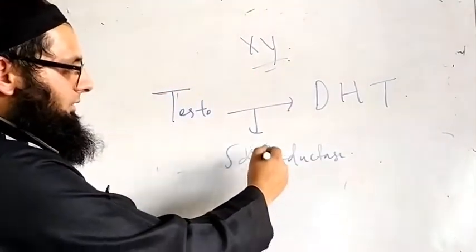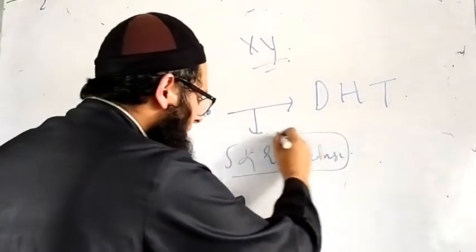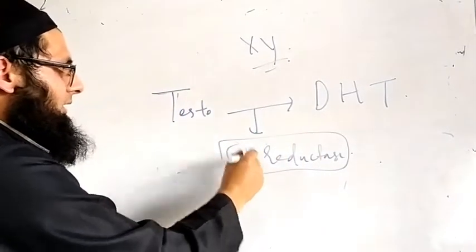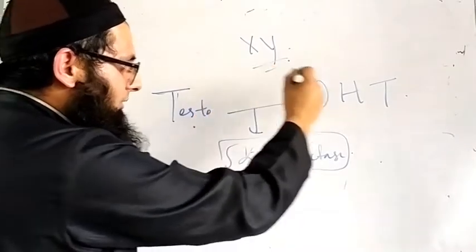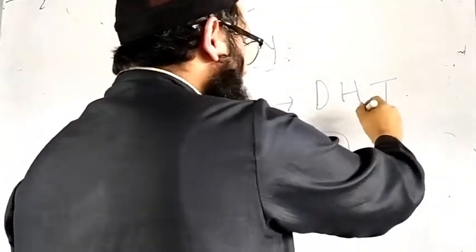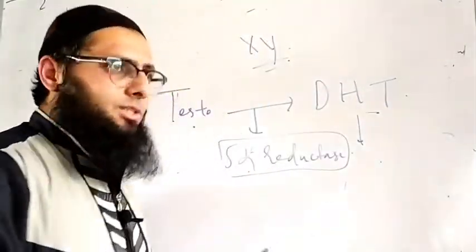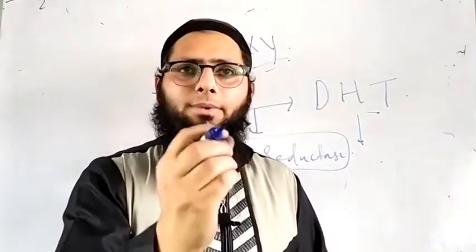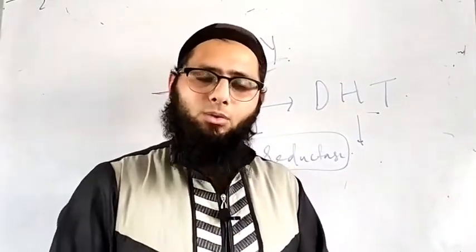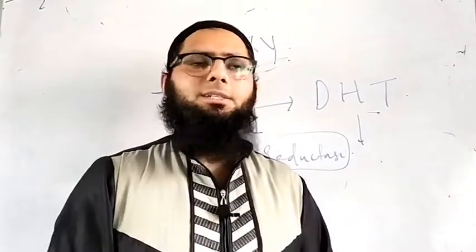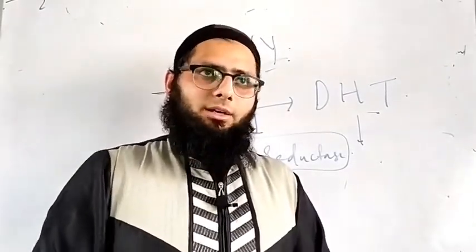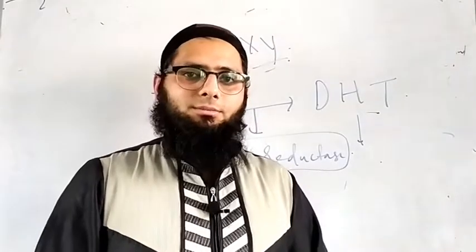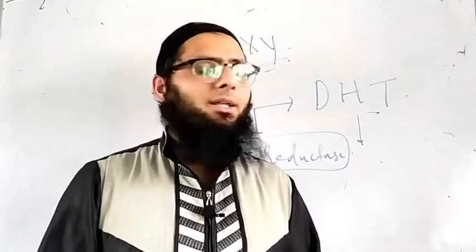So this enzyme was missing. Due to its absence, testosterone was not converted into DHT. Because of no DHT, the genital tubercle had not differentiated into male genitals. In such babies, they are raised as females because of the absence of male genitals.